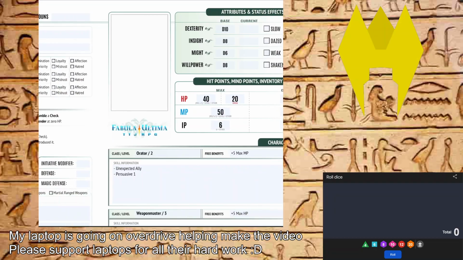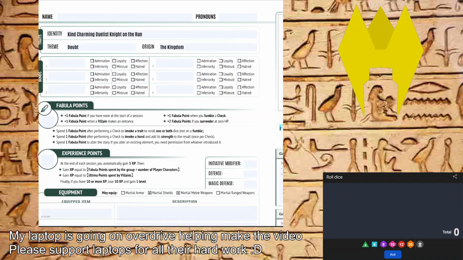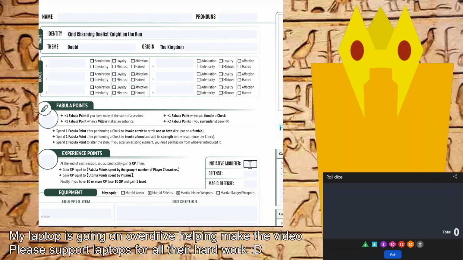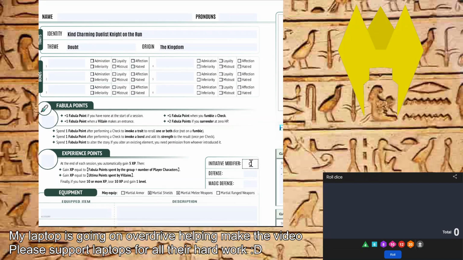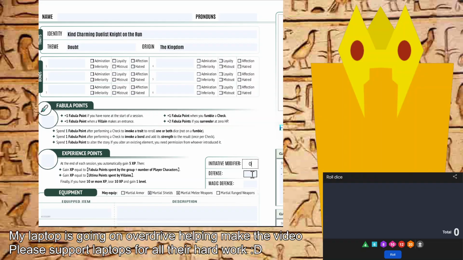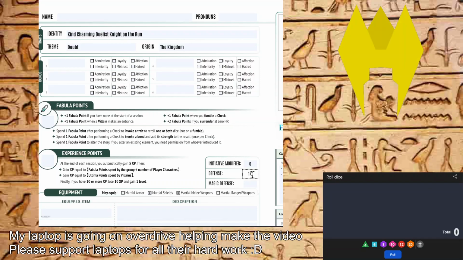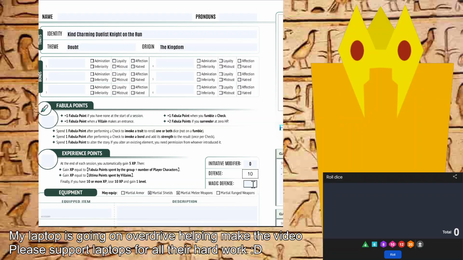Now we move over to this little area, which is currently our initiative right now is 0. Our defense is equal to our dexterity, which is a 10 right now. And finally, our magic defense is equal to our insight, which is an 8.